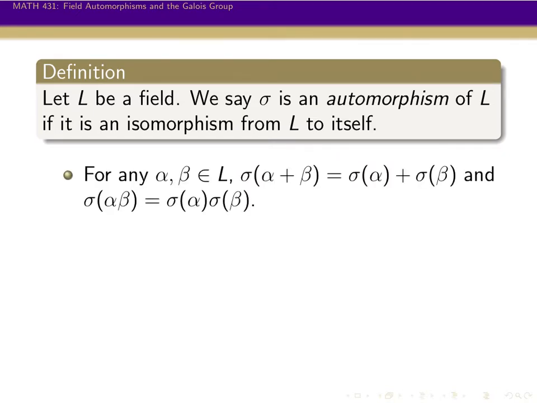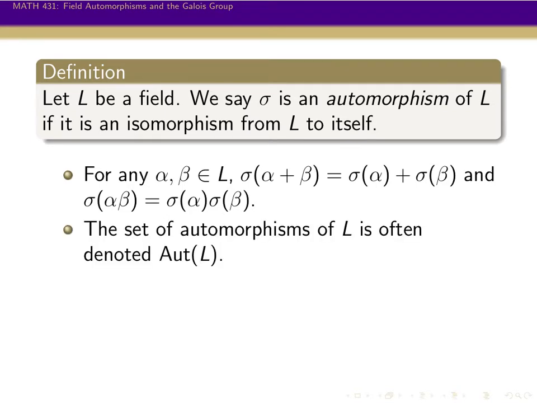So that means that sigma is a one-to-one and onto map of L, and that it plays well with the operations of the field. It's a field homomorphism. So for any two elements, alpha and beta in L, sigma of alpha plus beta is going to equal sigma of alpha plus sigma of beta, and sigma of alpha times beta is going to equal sigma alpha times sigma beta. So it is a homomorphism that's an isomorphism that's going from the field to itself.